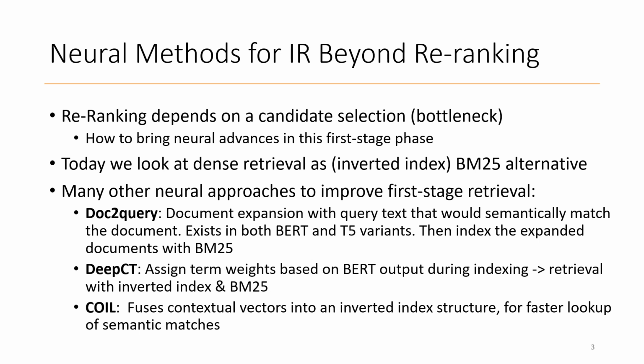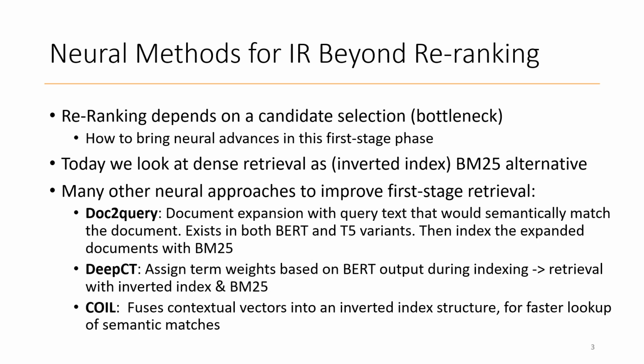And here you then still use the inverted index with the expanded documents and use a traditional BM25 function, but because the document text has more words in it, it gives you better results.